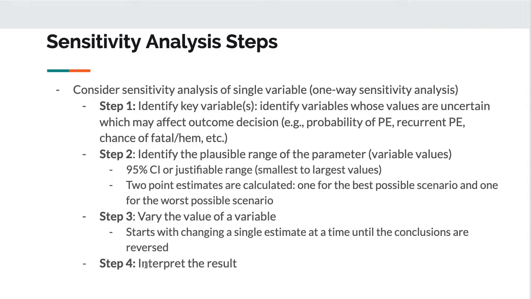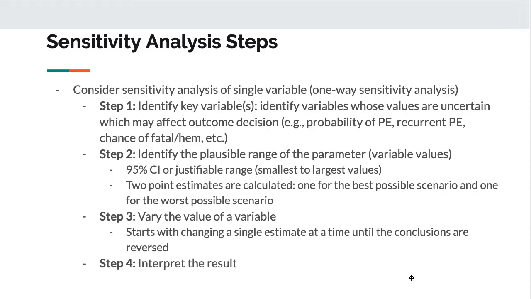Step number four, we interpret the result. By looking at the result, one of the key things we want to observe is whether we see a change in our recommendation or decision. If for the whole range we don't see any change, or we see some change but the reversal point is very far away from the estimated point, then we can interpret that our decision is pretty confident or safe, not a big concern, because the difference from the estimated to the reversal point is very far.